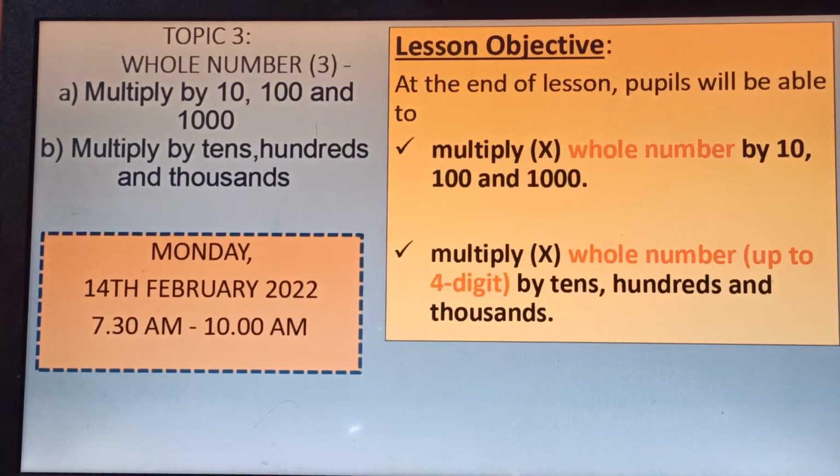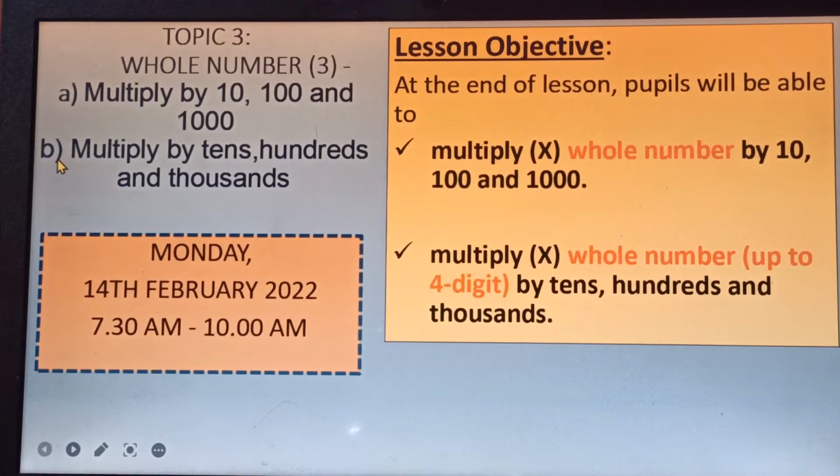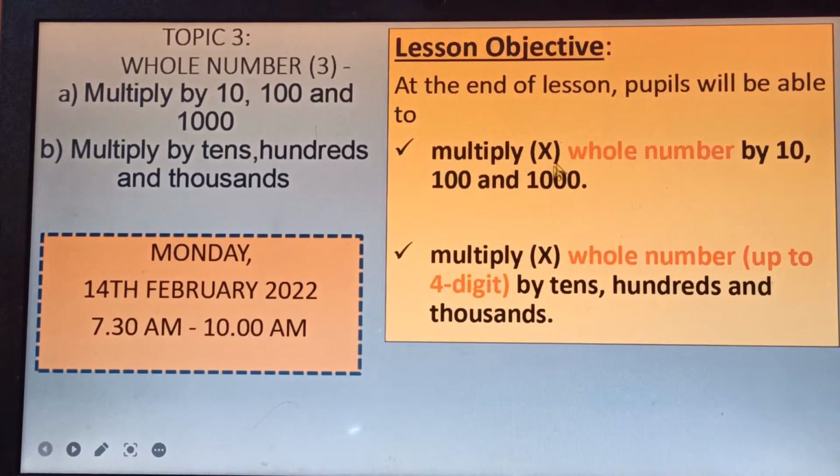We're going to do two small topics today. Topic A, multiply by 10, 100 and 1000, and secondly, multiply by tens, hundreds and thousands. I'm sure you know what multiply is, right? Multiply is times.